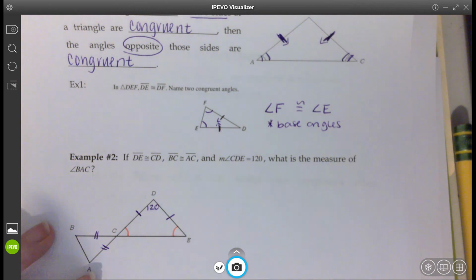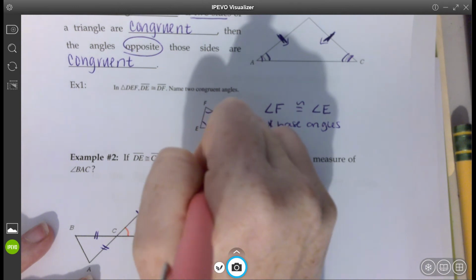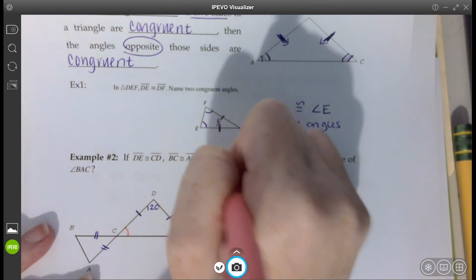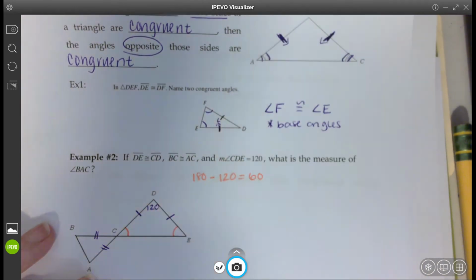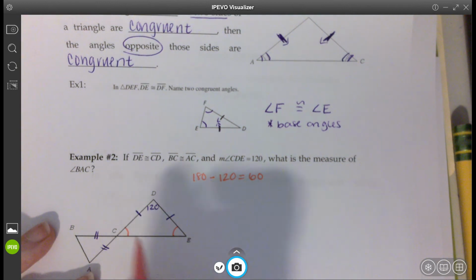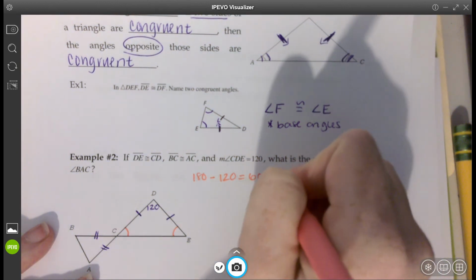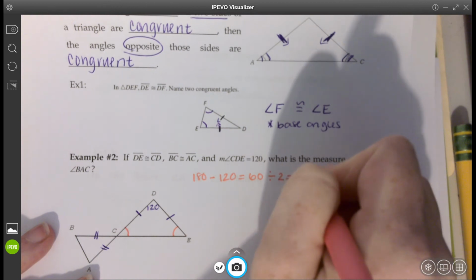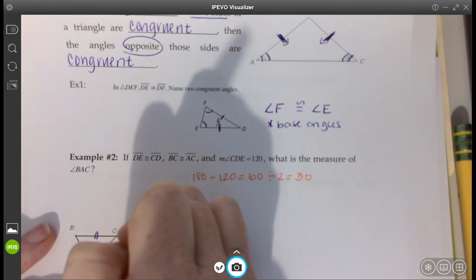So I know that a whole triangle is 180 degrees. So I can say 180 minus 120 is 60. That means between these two angles, we have 60 degrees. So I'm going to divide that by 2. That makes both of these angles 30 degrees.